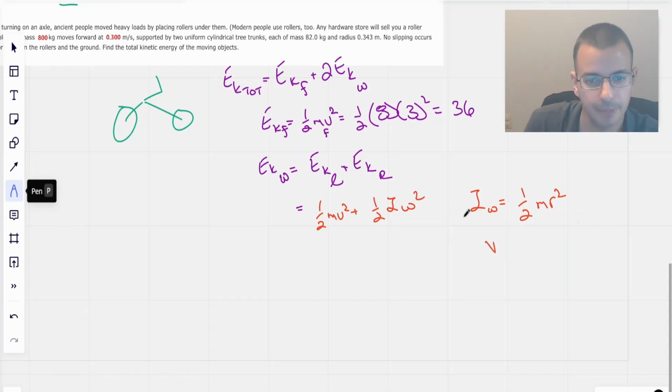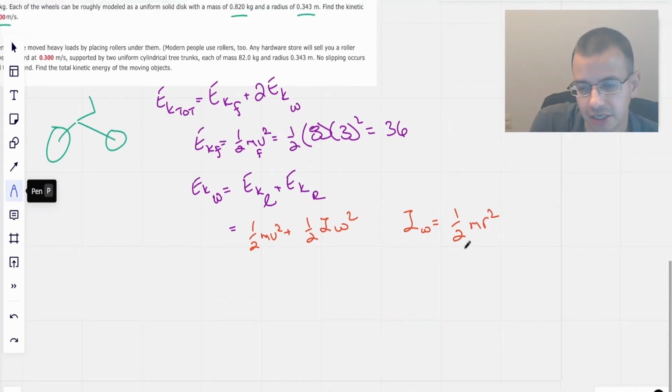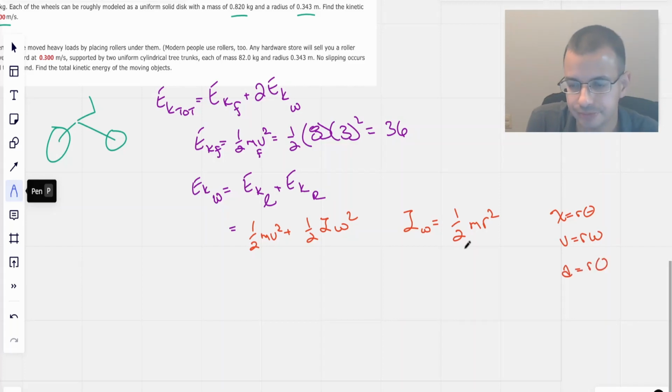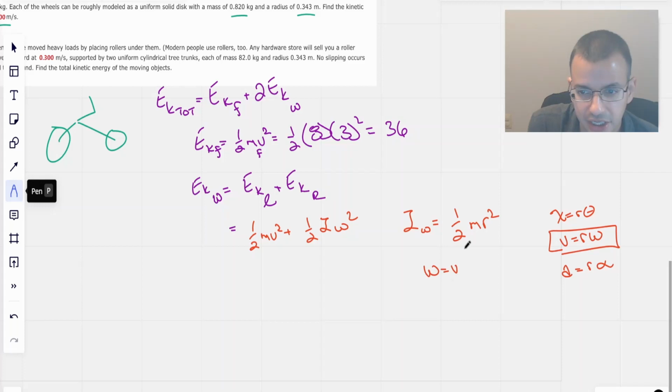So the relationship between linear and angular: x equals r theta, v equals r omega, a equals r alpha. The one we care about is right there because we have omega, which is angular speed. Omega equals v over r, therefore omega squared is v squared over r squared.